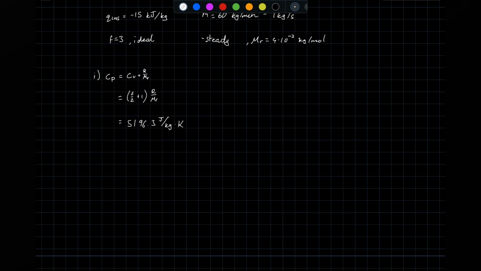So this is our specific heat capacity, and let's go ahead and set up our energy balance. dE/dt is the sum of heat flows plus the sum of work flows plus the sum of mass flows going in. We can ignore the energy, so just enthalpy, minus the flows going out.